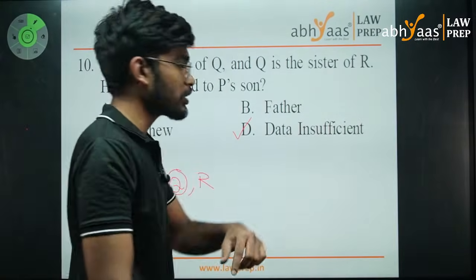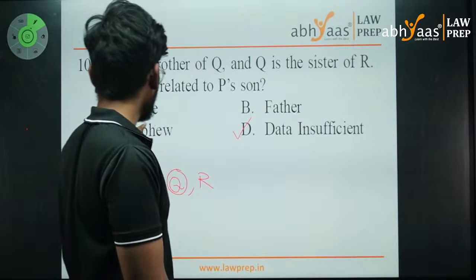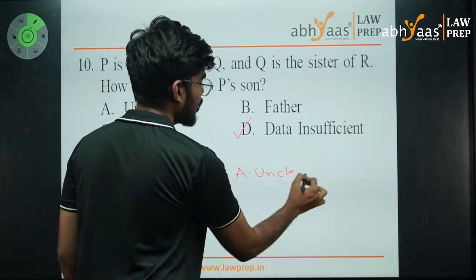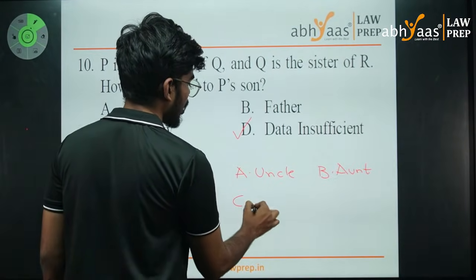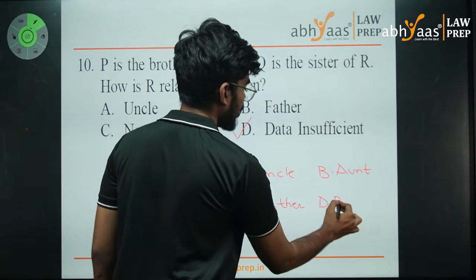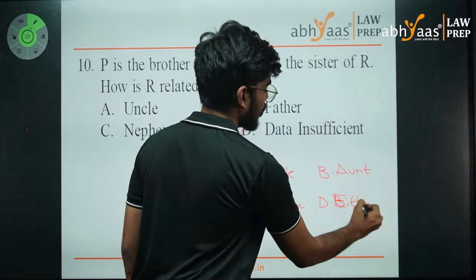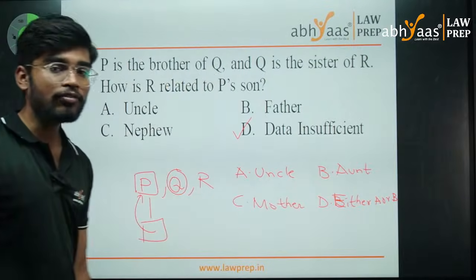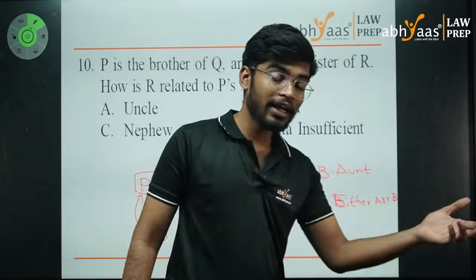In the same option D, you can come across another thing. Say for example, option A is uncle, option B is aunt, option C is mother, and option D is both A and B. Sorry, it cannot be both. It can be either A or B. The same question can have these kinds of options as well. But in this case, you cannot say that the data is not sufficient.